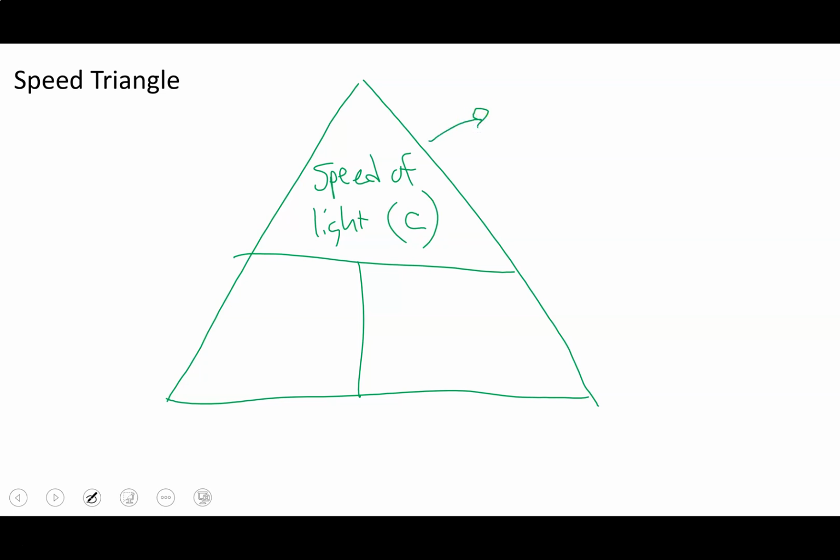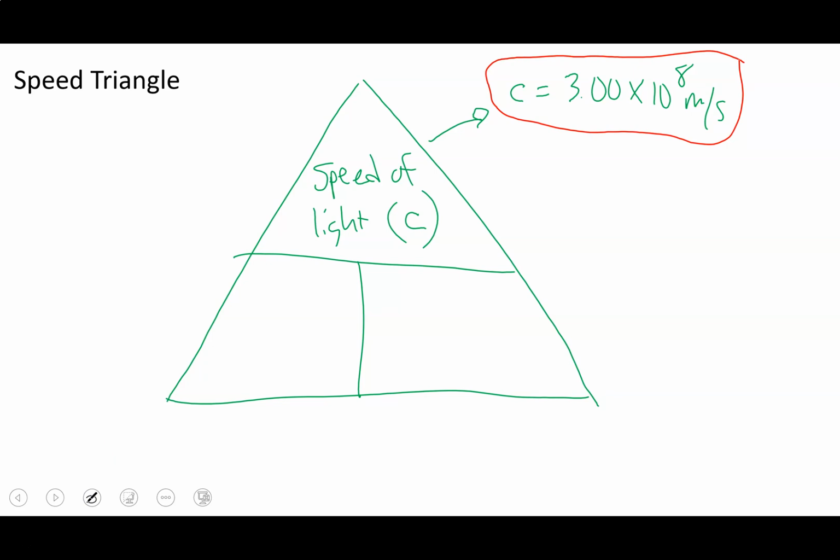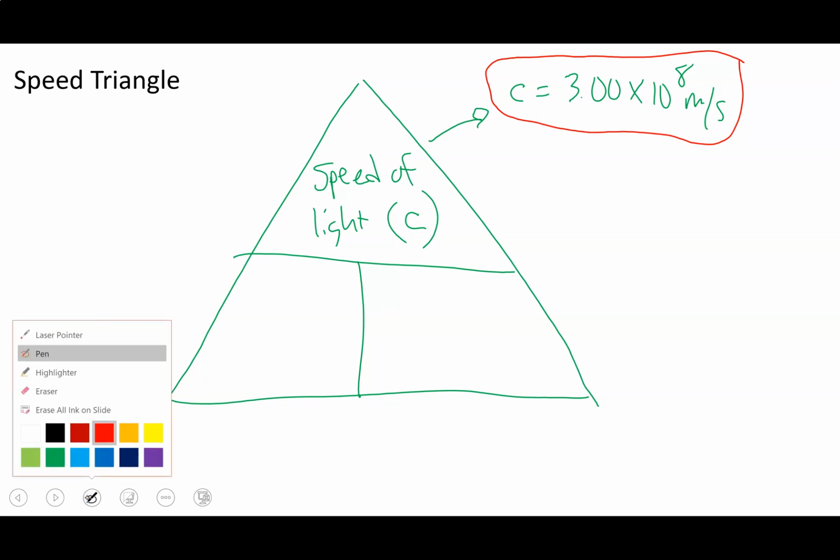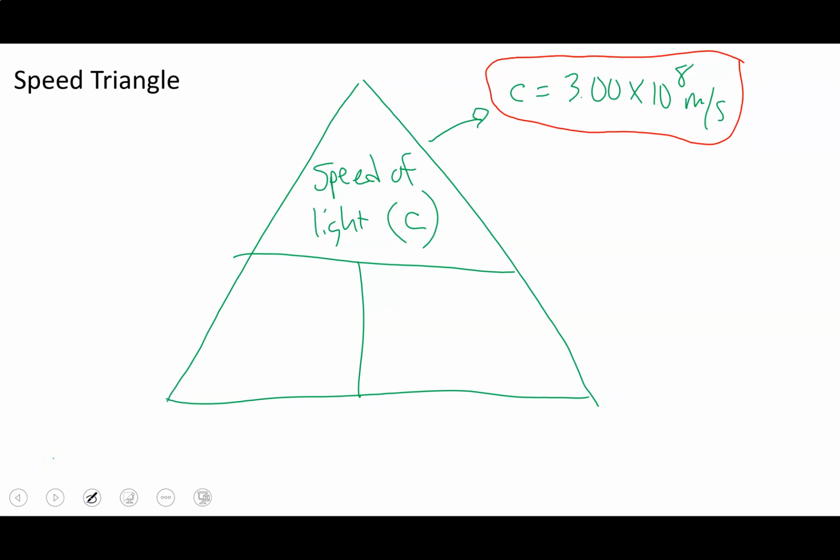So it's a never-changing value. So C is always equal to 3.00 times 10 to the 8th meters per second. So again, constant value, never changes. This is kind of our key thing right there. Okay, all light wants to travel at that speed regardless of the type of light it is.